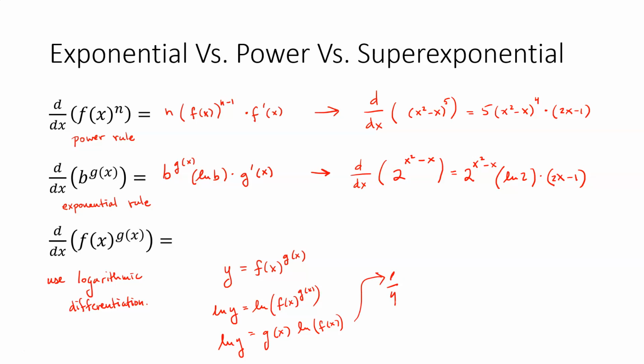So I get 1 over y times y prime equals, now I have to do the product rule here. So g prime of x times ln of f of x plus g of x times the derivative of ln of f of x, which will be f prime of x over f of x. And then I can isolate y prime.